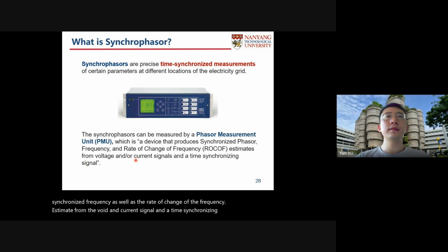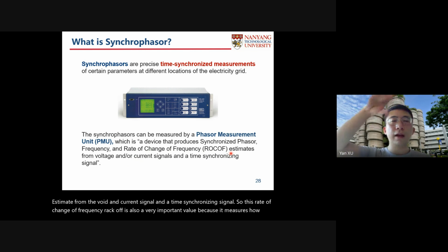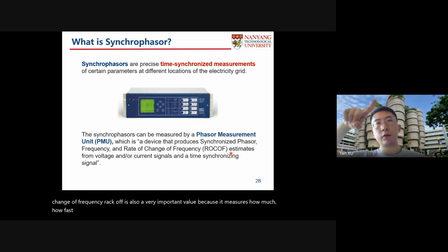This rate of change of frequency, ROCOF, is also a very important value, because it measures how fast the system frequency will change following a disturbance. So this is very critical for frequency stability assessment.